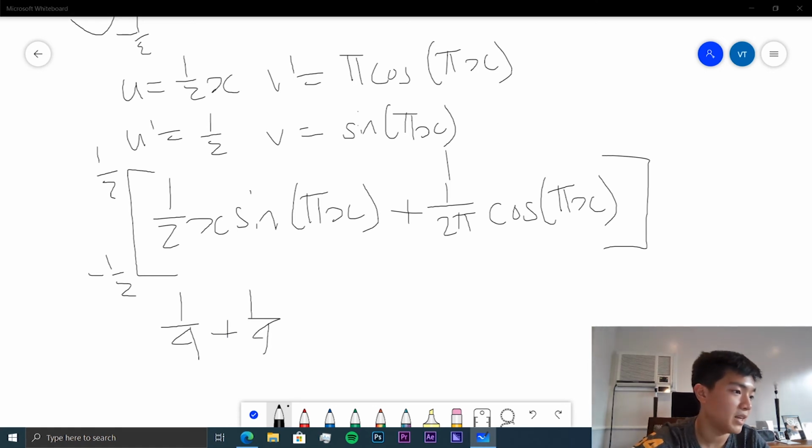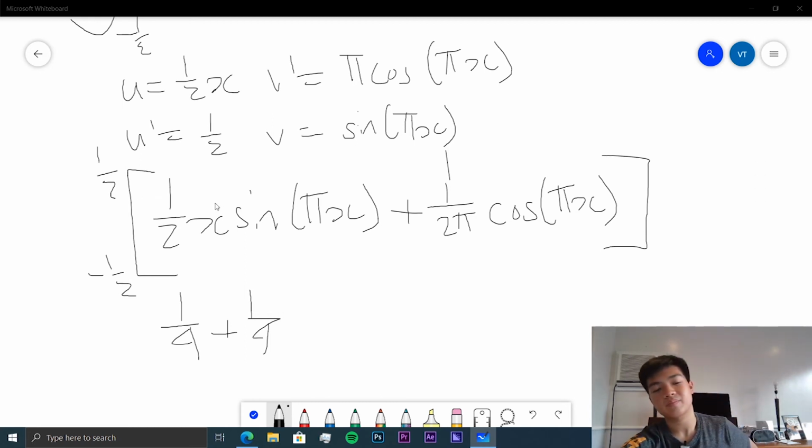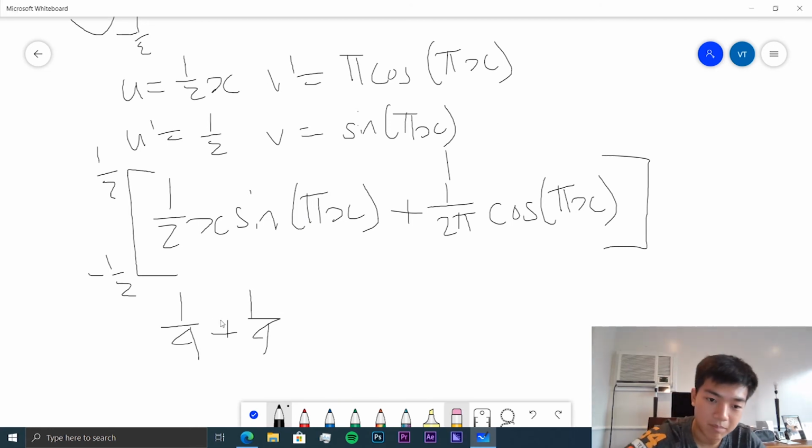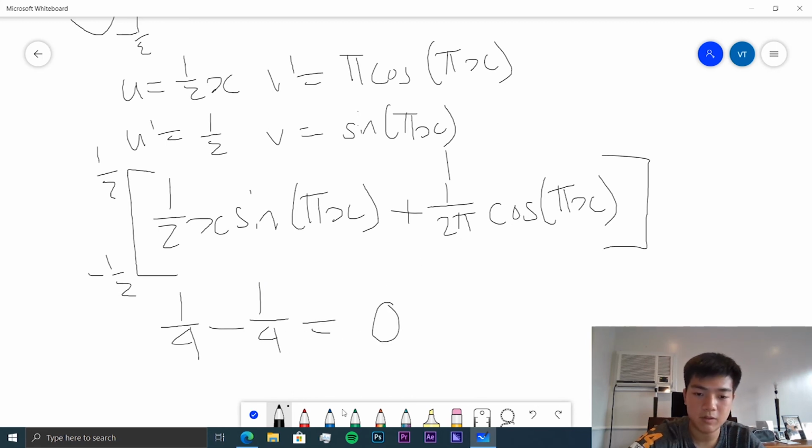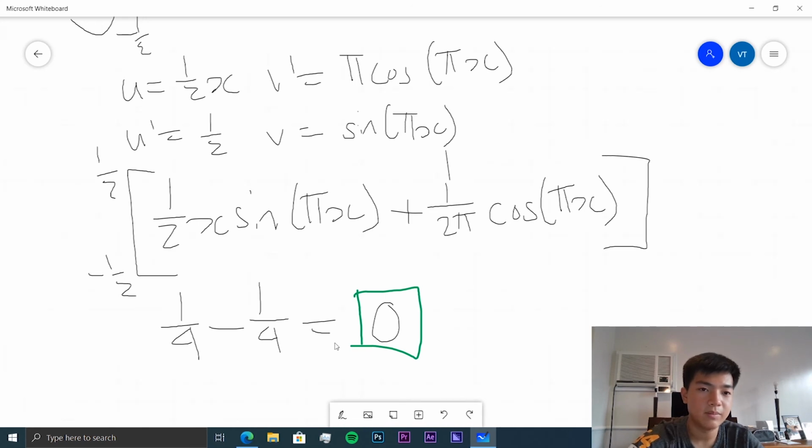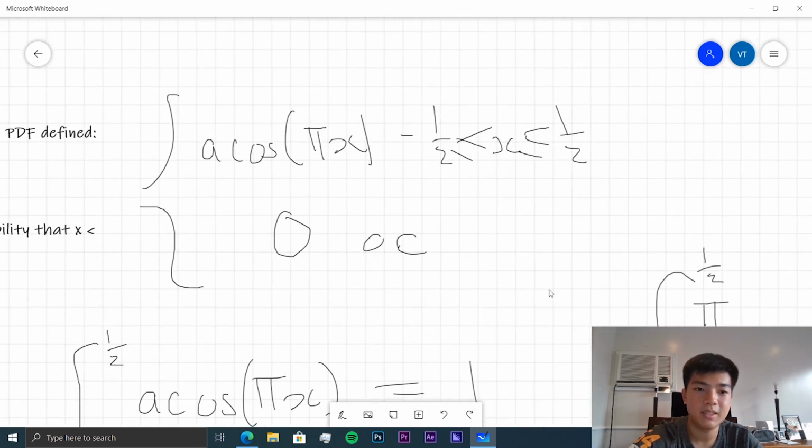So is the mean just 1/2? Oh, but this is minus, so this is 1/4 minus 1/4. And then this is 0 again. So 1/4 minus 1/4, so the mean is actually 0. That's very interesting. So the mean is 0, but what is the variance?